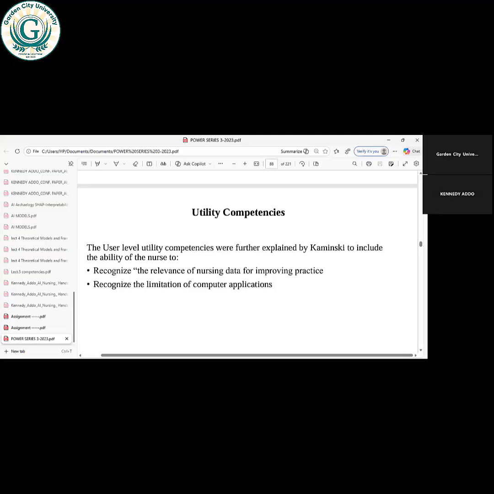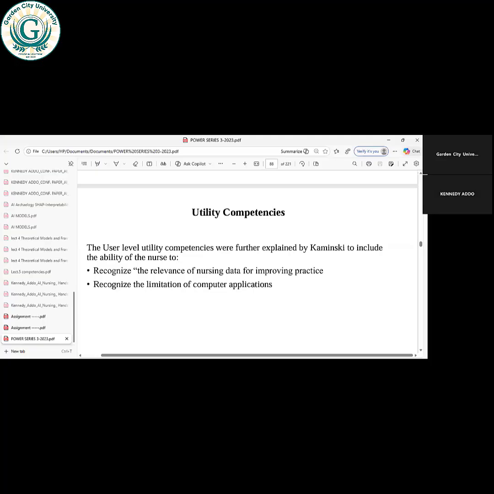Then recognize the limitations of computer systems. So the computer applications that come with the whole computer systems, are you able to detect or identify those glitches or hitches that may affect decision making?